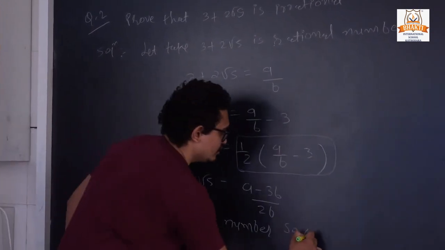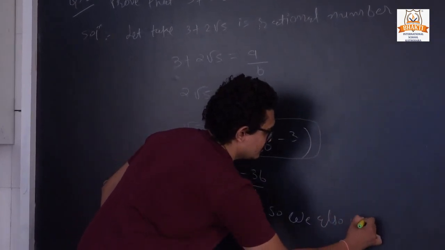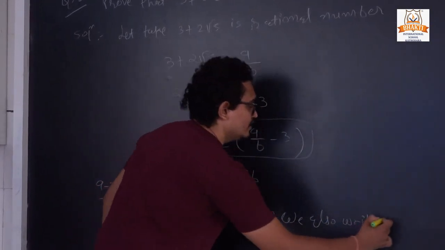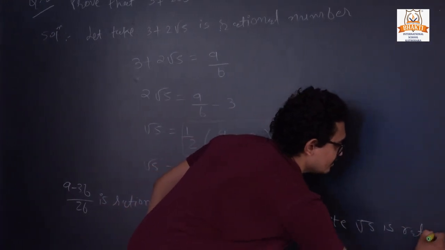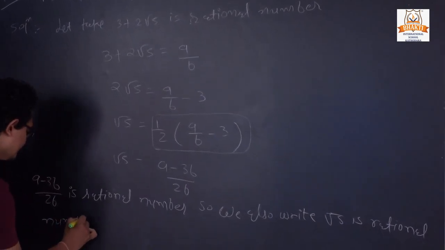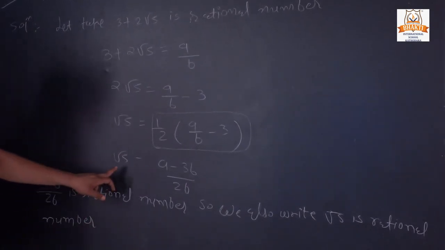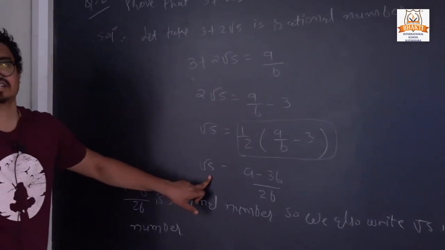So we can also write that root 5 is a rational number. But we already know that root 5 is not a rational number.